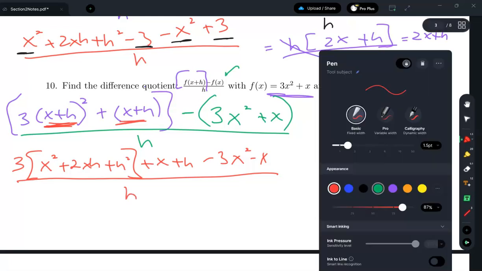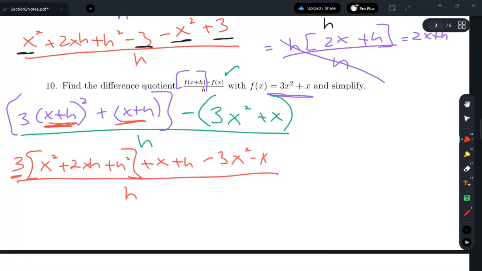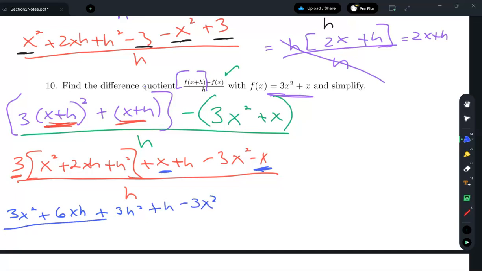And then just so I don't make a mistake, I'm going to take the time to multiply this 3 through. So let's do that. So I get 3x squared plus a 6xh plus a 3h squared. And then all of this just carries along, but I am noticing the x's go away. Plus h minus 3x squared all over h.